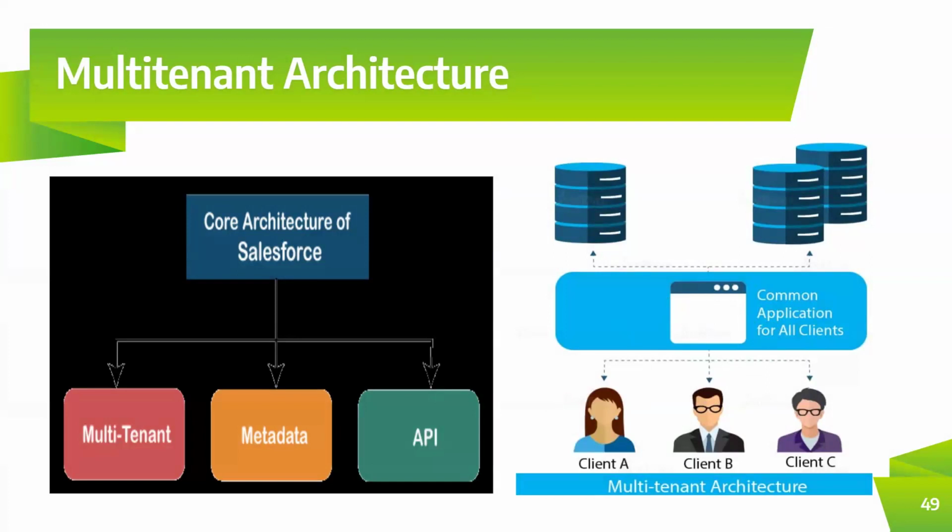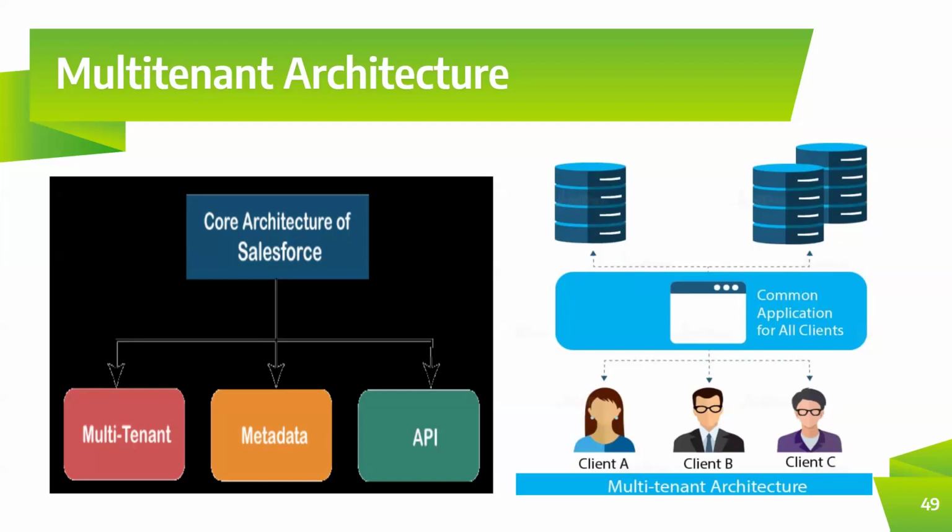Client A is going to connect with their metadata using the common interface. Client B is also going to connect with their metadata using the common interface. Client C is also going to connect with its metadata using the common interface. The application is common.